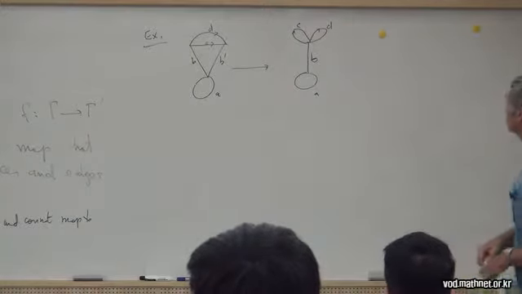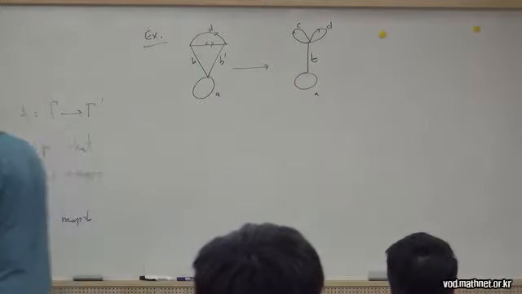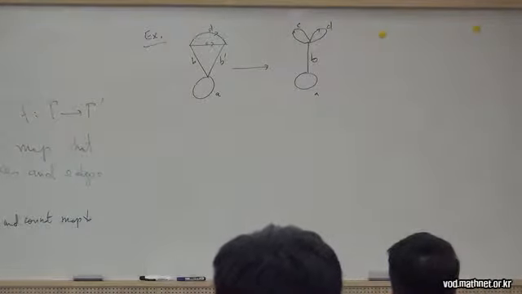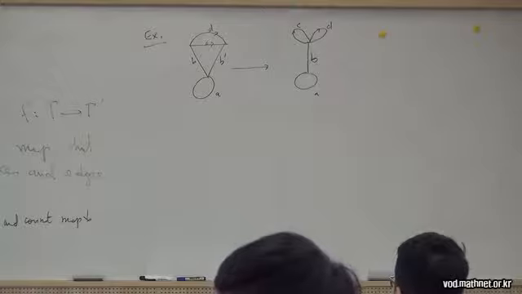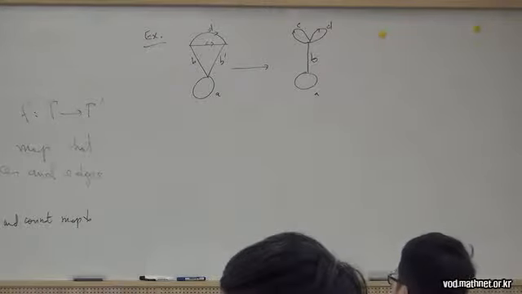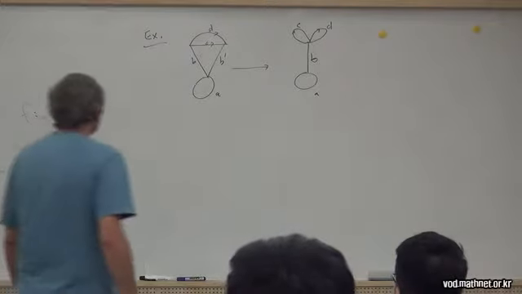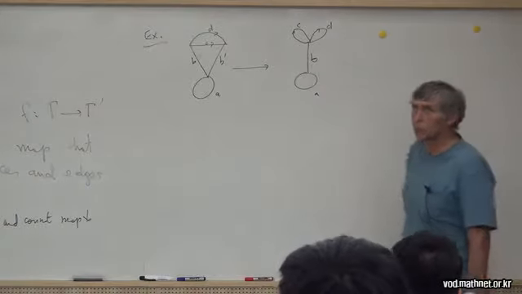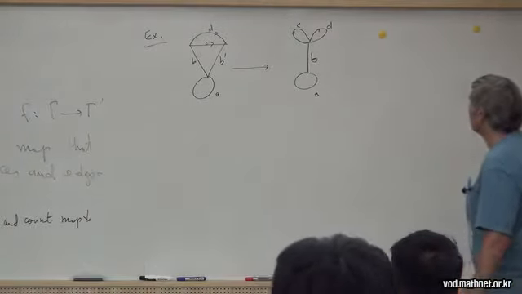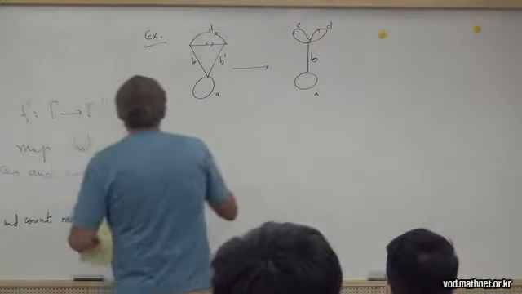Question? Here, the adjacent vertex and edge should be sent to adjacent vertex and edge, right? Yes, right. That's what continuity guarantees. If a vertex is one of the endpoints of the edge, then it has to map to the vertex that's the endpoint of the image edge.